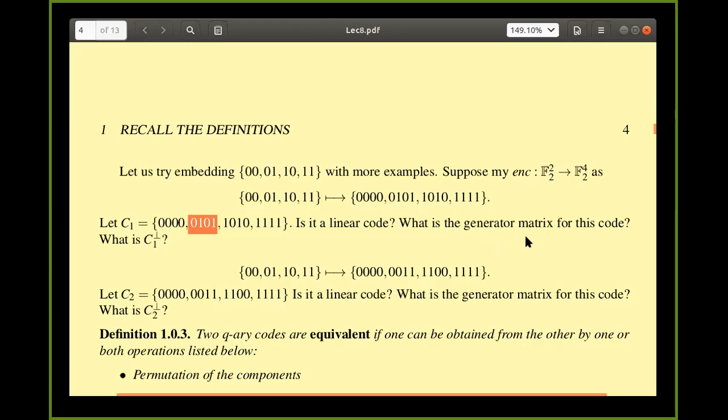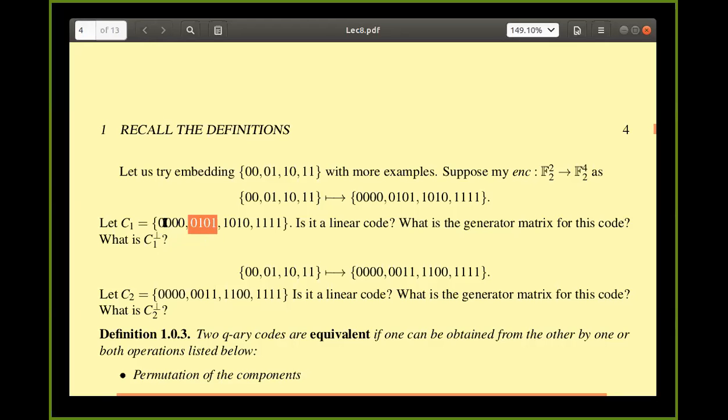And what is the generator matrix for this code? You know how to build it; I'm not going into those details. So what is C1 perp? Is C1 perp the same as C1? Take any vector here, for example 0, 1, 0, 1.